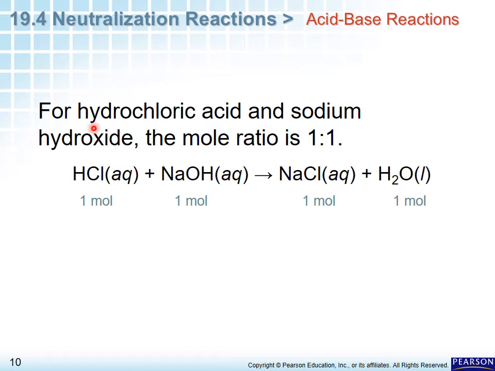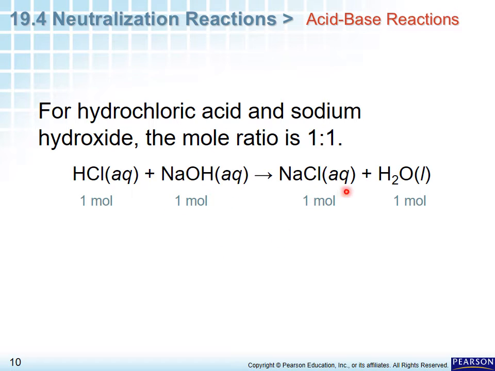Now, take this example. For hydrochloric acid and sodium hydroxide, the mole ratio is 1:1. This means when the reaction is complete and produces NaCl and H2O, salt and water, 1 mole of HCl reacts with 1 mole of NaOH.